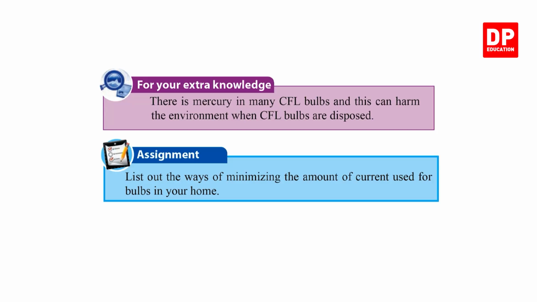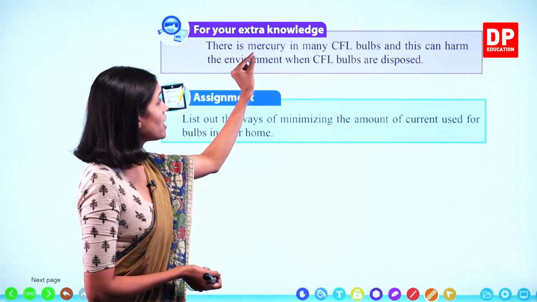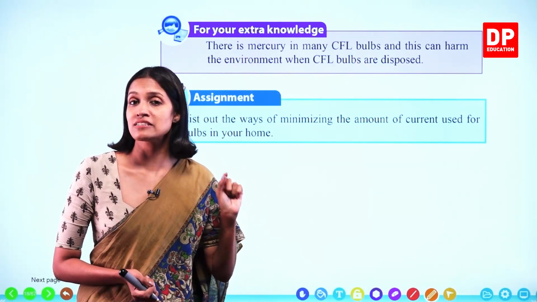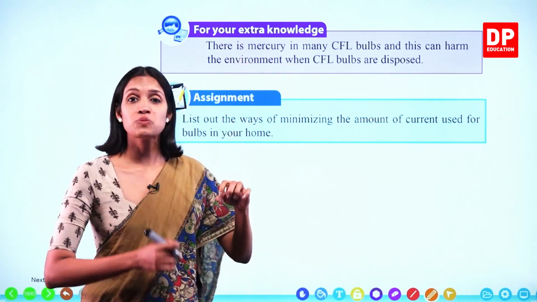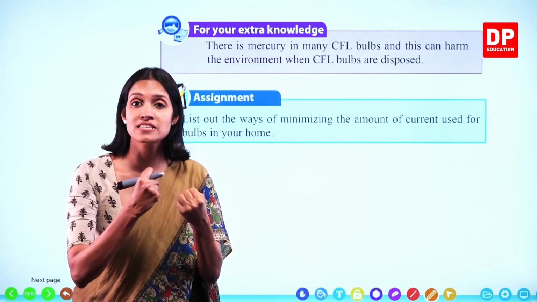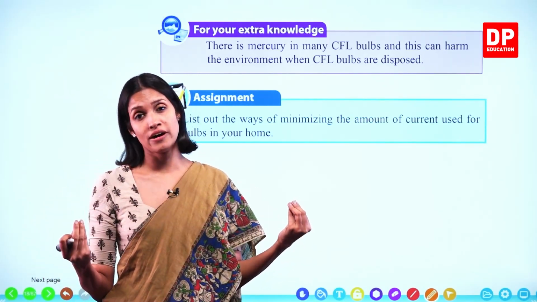So for your extra knowledge, look at this one. This is very important, children. There is mercury in many CFL bulbs, and this can harm the environment when CFL bulbs are disposed of. In the tube-like part of the CFL bulbs, there are trace amounts of mercury. When you dispose of these bulbs, in case the glass breaks, what will happen, children? That mercury will get added to the environment.